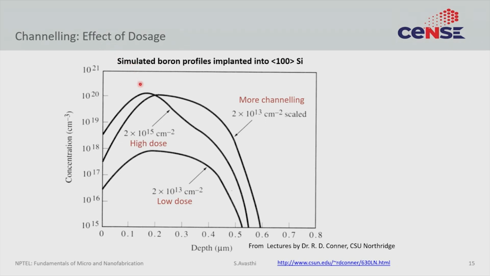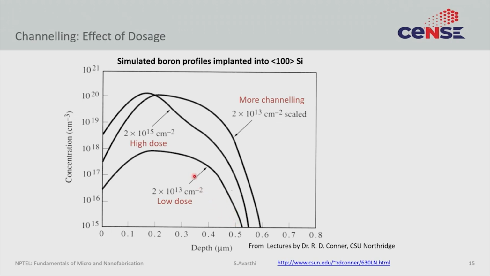So, let us take a certain dosage of around 10 to the power 15 per centimeter square, and that is this profile, right. This is our high dose profile, and you see a second hump which is because of channeling. And supposing you do a low dosage, say 10 to the power 13, this is this profile. So, this also shows you a tail.